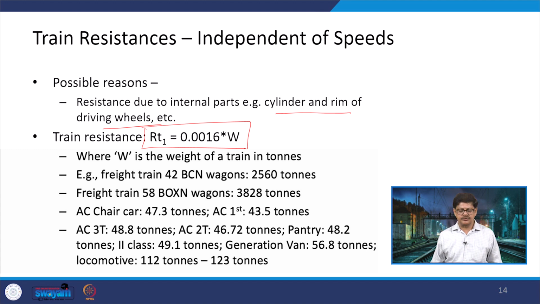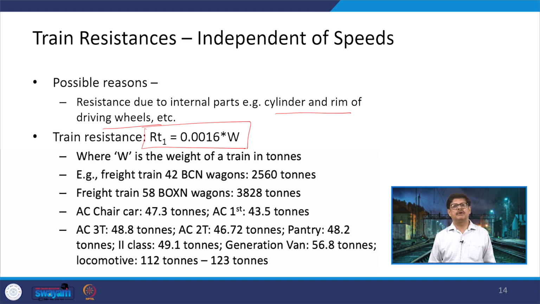Now, if we talk about this weight of train in tons, for example, if there is a freight train of 42 BCN wagons, then these 42 BCN wagons will weigh 2560 tons. Just try to understand how much weight it is going to carry. And if it is a box N wagon and there are 58 such wagons, then it may be carrying a weight of 3828 tons.